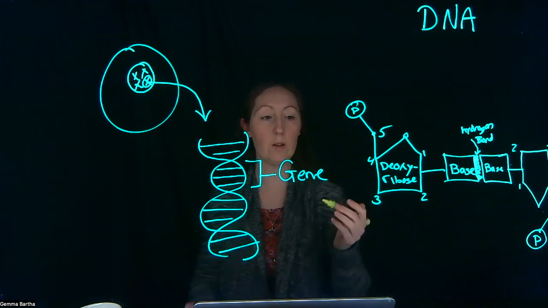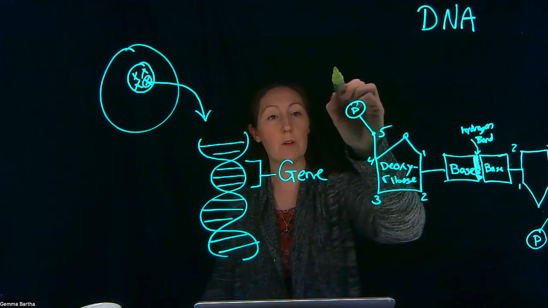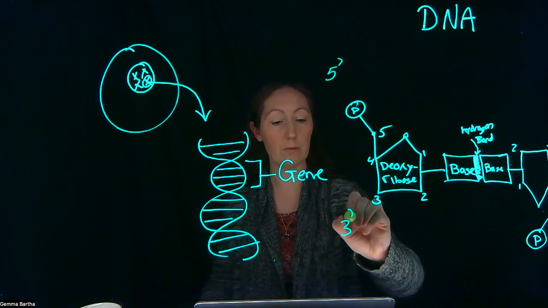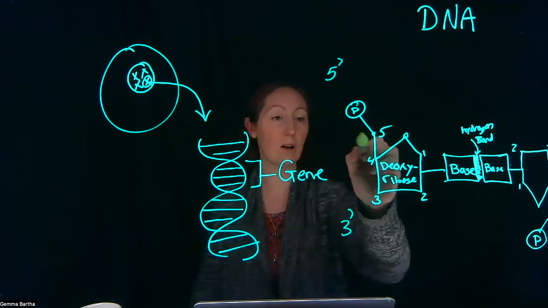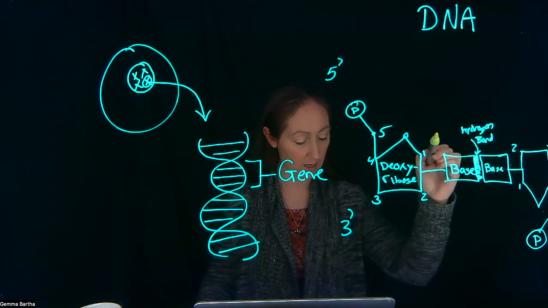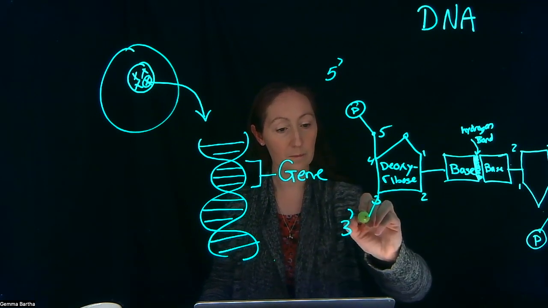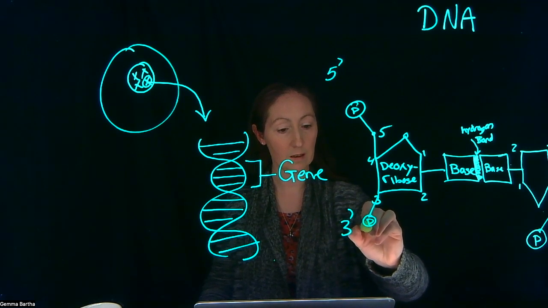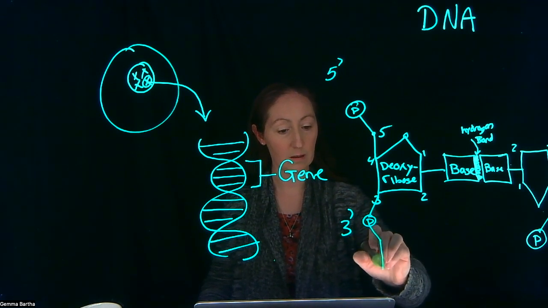And normally when you see DNA, you're going to see that it goes from 5' to 3'. And what does that mean? That's just talking about the carbons. And so if you were to draw another rung here, then this would be your phosphate coming out.